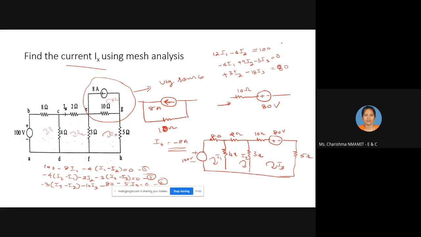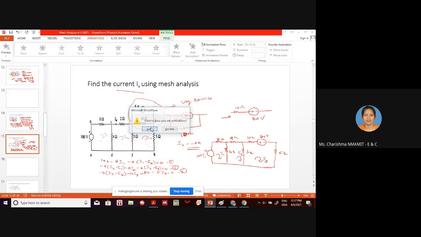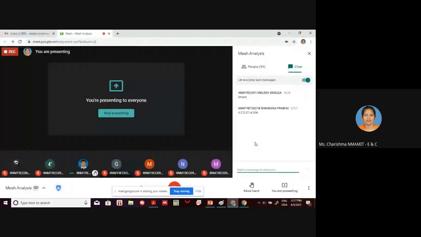These are the three equations. Simplify them and find the values of I1, I2, I3. What about the Ix value?